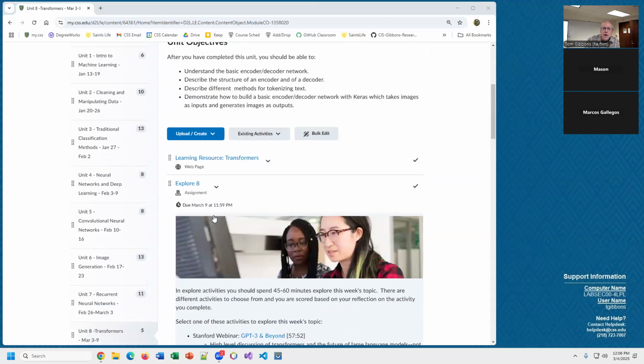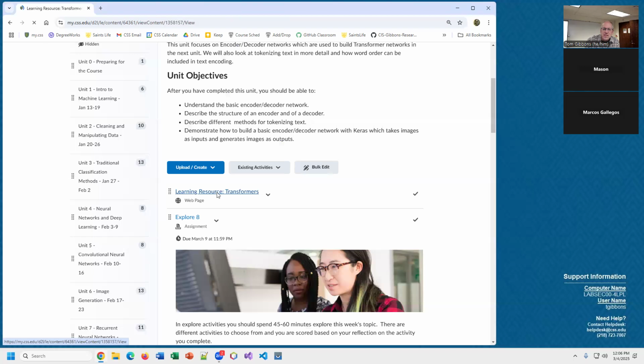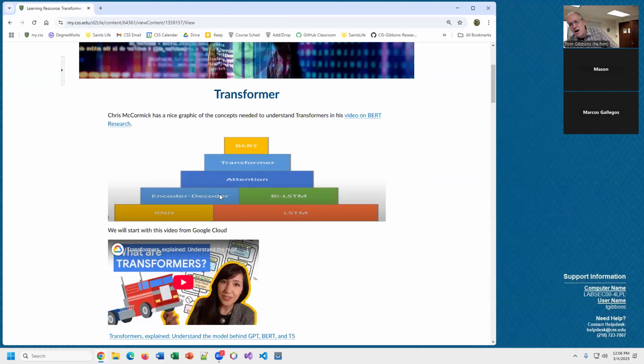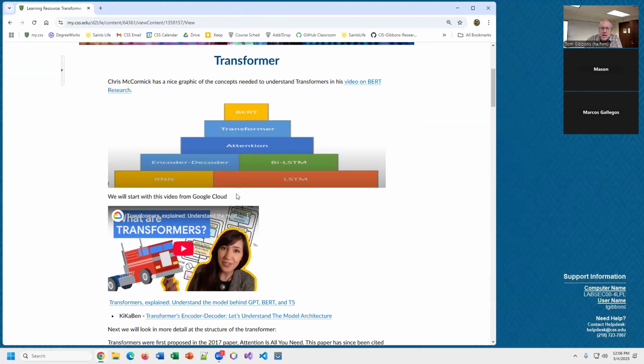Okay, so I'm going to jump into this resource and try to explain what transformers are to you. First, let's talk about what transformers are built upon. For the last couple of weeks, we were talking about recurrent neural networks, including long short-term memory.